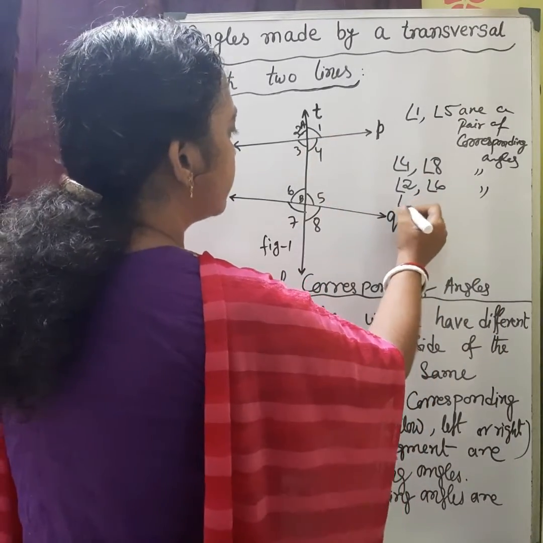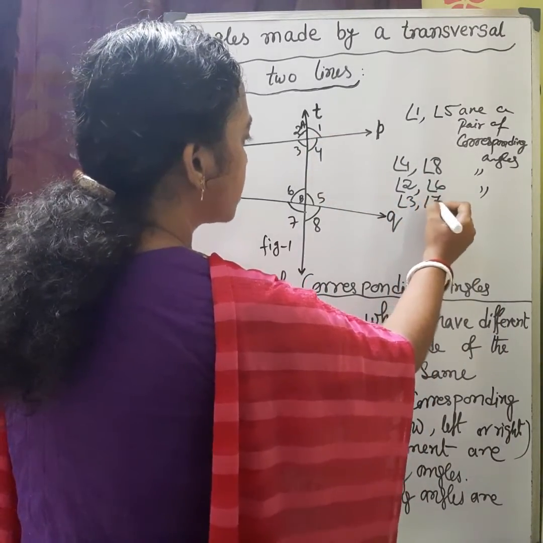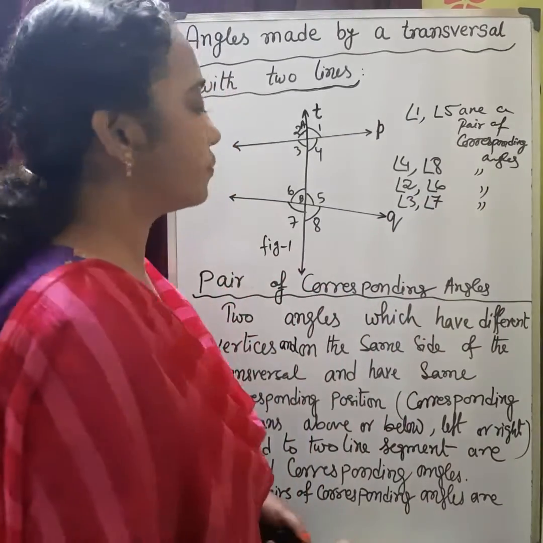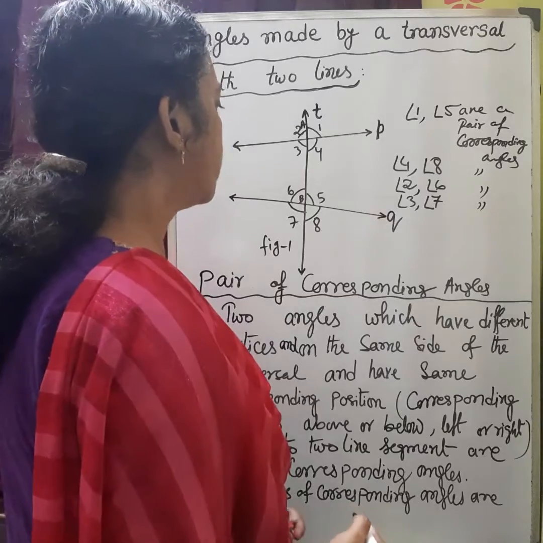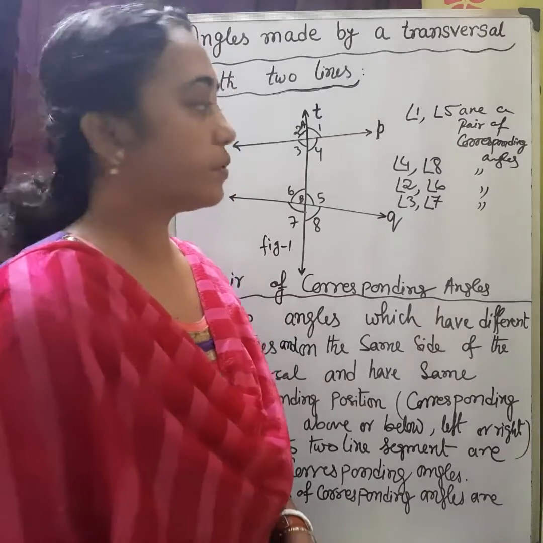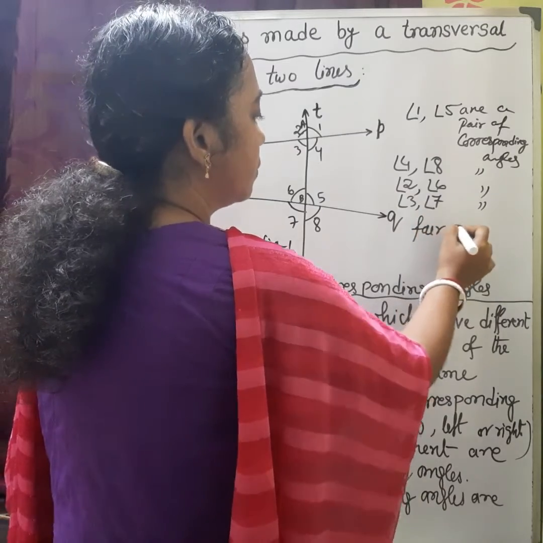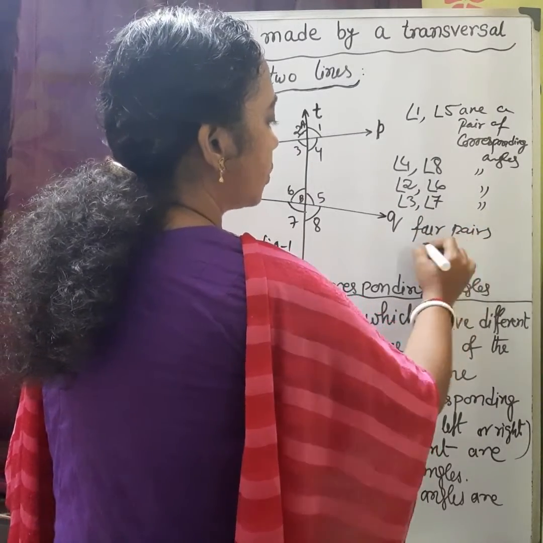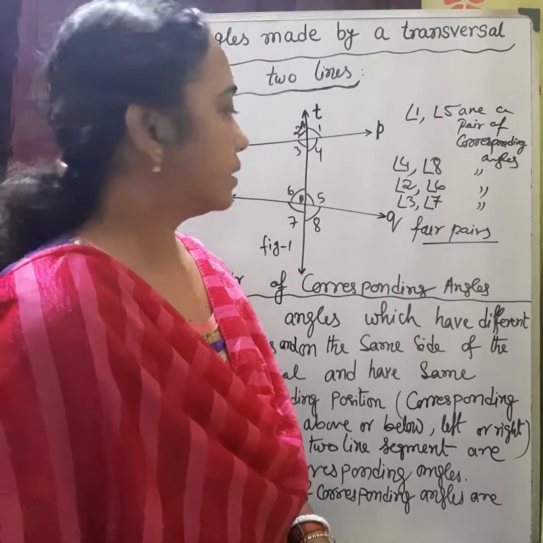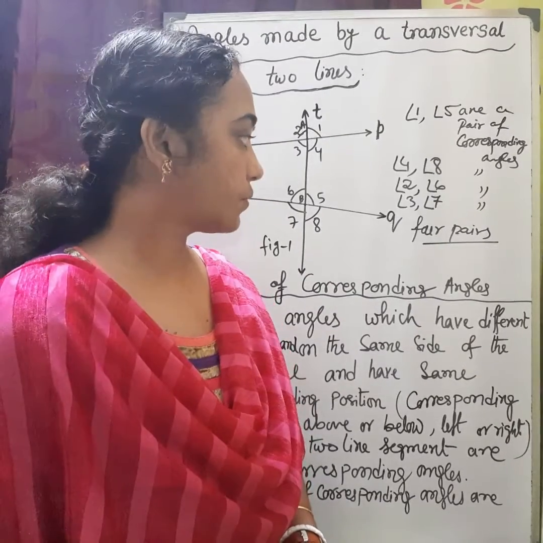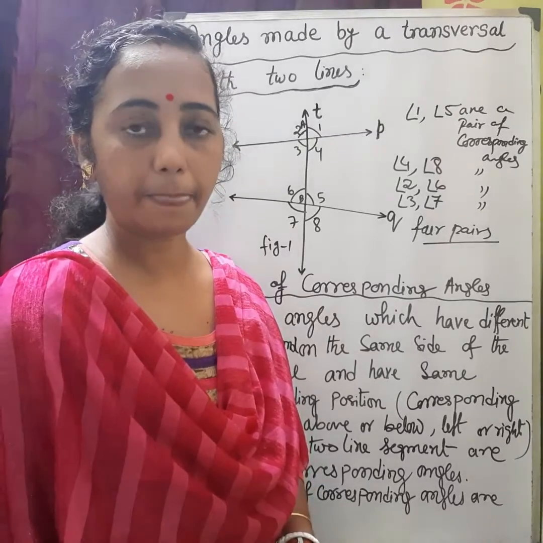Similarly, if we consider angle 3, the angle corresponding to it will be angle 7. So these are another pair of corresponding angles. How many pairs of corresponding angles are we getting? 1, 2, 3, 4. In total 4 pairs of corresponding angles we are getting in this case. So these are called the pairs of corresponding angles.